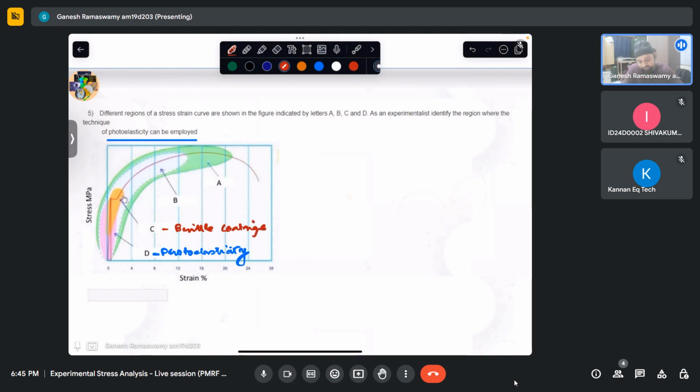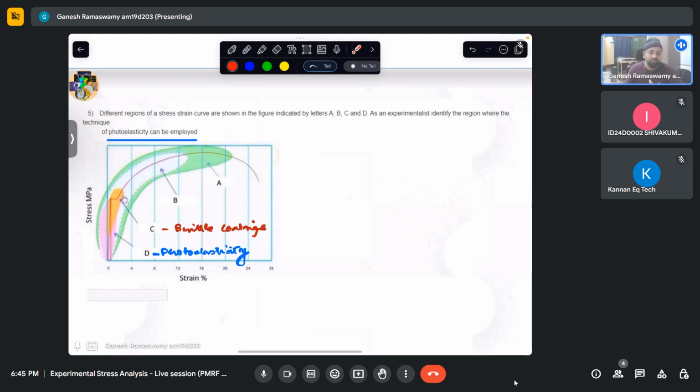This is brittle coatings, and then another method, if we take a specimen and then we put a strain gauge over that. Right from the moment we start the load, like photoelasticity, that will also show a strain response.